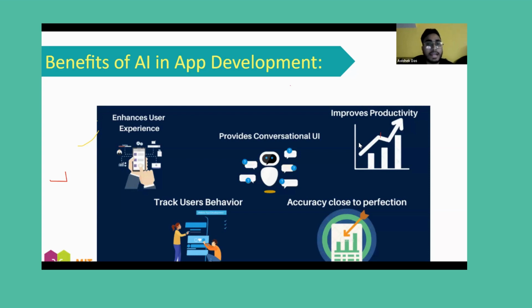The main role here is played by data. Using the data and implementing artificial intelligence in it, we can track the user behavior, and we can achieve accuracy close to perfection. We can make solutions which are very accurate, which are perfect in nature.